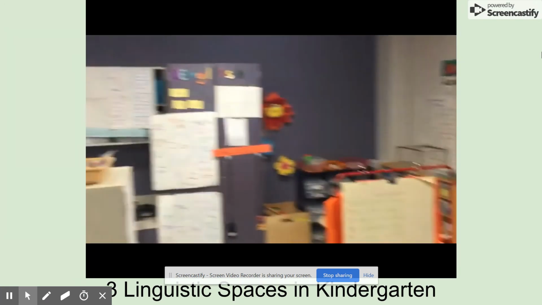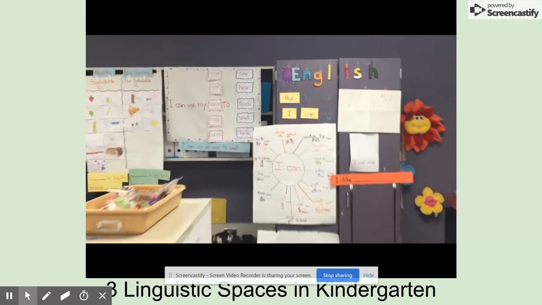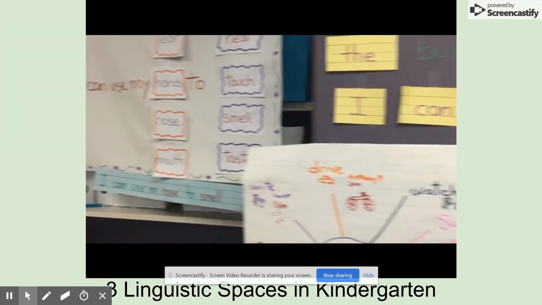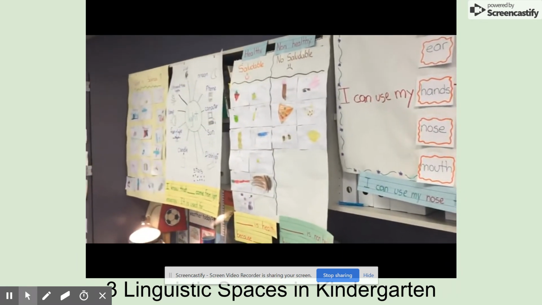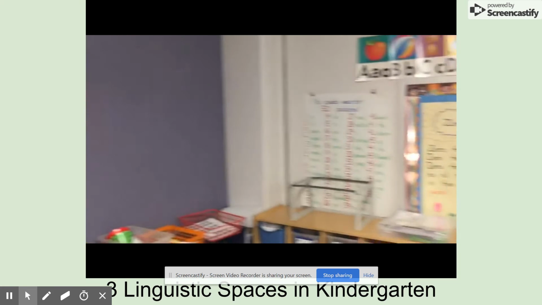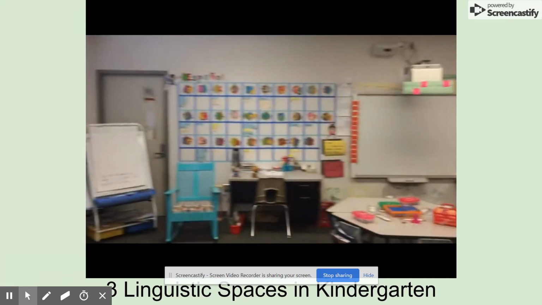And then we have our clearly labeled English wall with all the writing over here by teachers and students in English. So again, Morton Ranch Elementary Kindergarten, beautiful example, three distinct linguistic spaces.